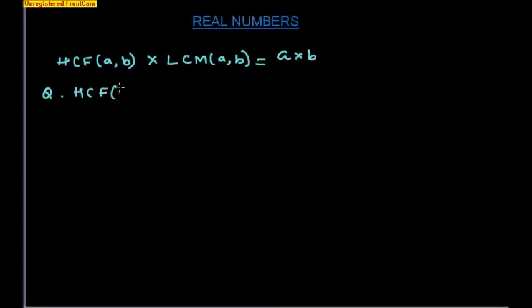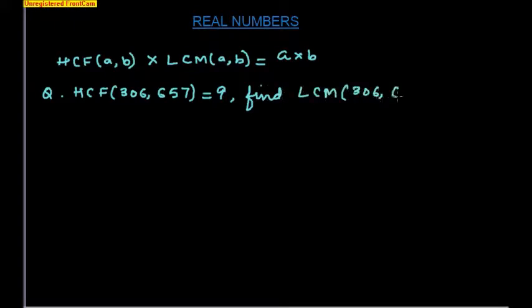The HCF of 306 and 657 is given to be 9. We need to find the LCM of the numbers 306 and 657.